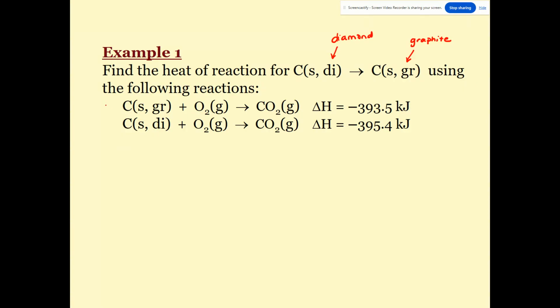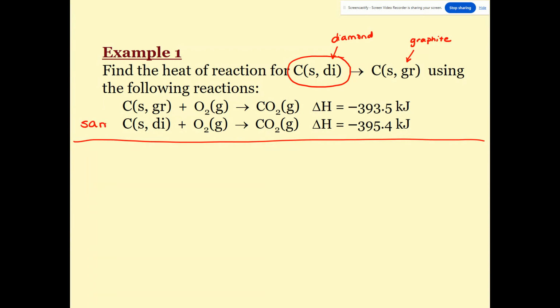These are the series of reactions that we're being given to use to get to that net reaction. So what I'm going to do is focus on each thing at a time. I have 1 mole of carbon solid diamond in my net reaction that needs to be on the reactant side. Now this reaction has carbon solid diamond on it, and it is on the reactant side, which is where we want it. So what I'm going to do is rewrite this down, and I'm keeping it the same.